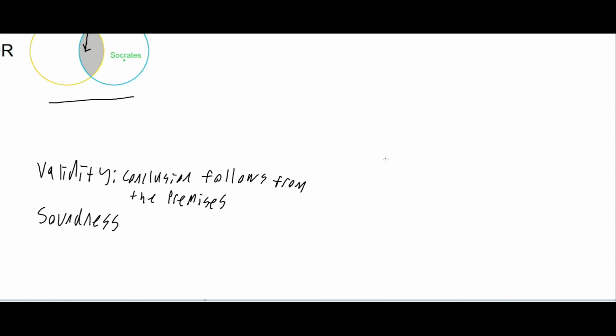We could even say that all humans, I'll just use H, are birds, and this we know is not true. But if we say all H are B, all humans are birds, and Socrates is human, then we could say that Socrates is a bird.